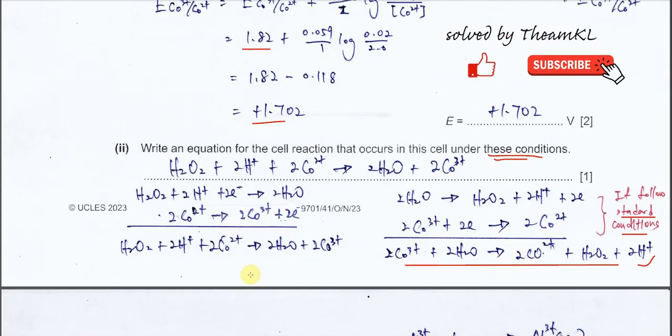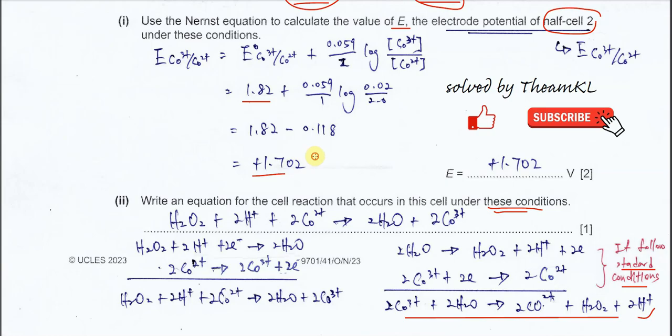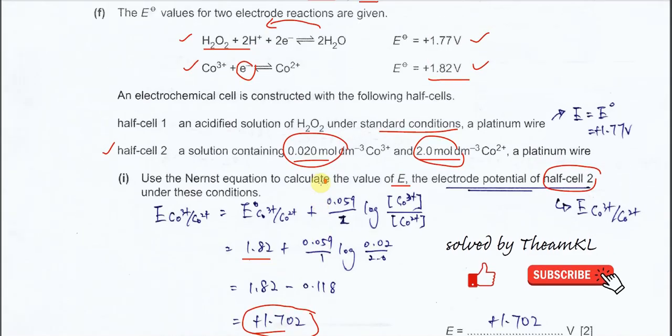And now under this condition, what happened? We know that for the cobalt-3 and cobalt-2 half cell, the potential is now positive 1.702, which is smaller than the hydrogen peroxide half cell. This means the hydrogen peroxide half cell needs to stay as reduction form, and the cobalt-3 and cobalt-2 half cell needs to reverse.